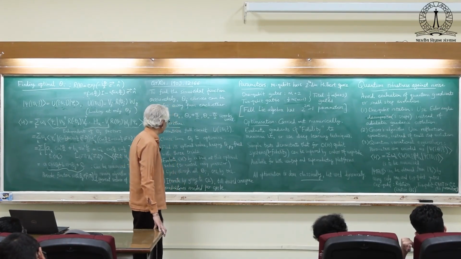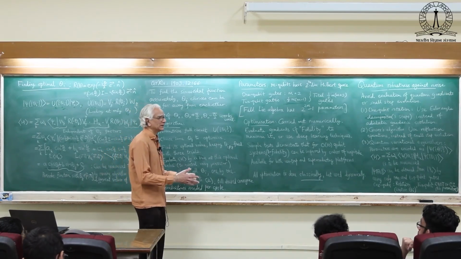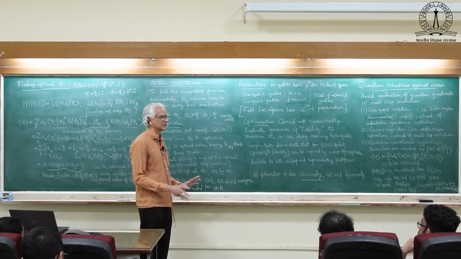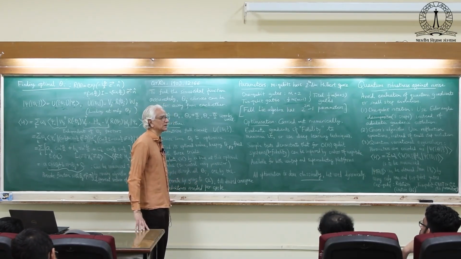But I have not said anything about what the Hamiltonian is. Some Hamiltonian may converge very fast, some may not converge so fast. There are other features which are related to that.